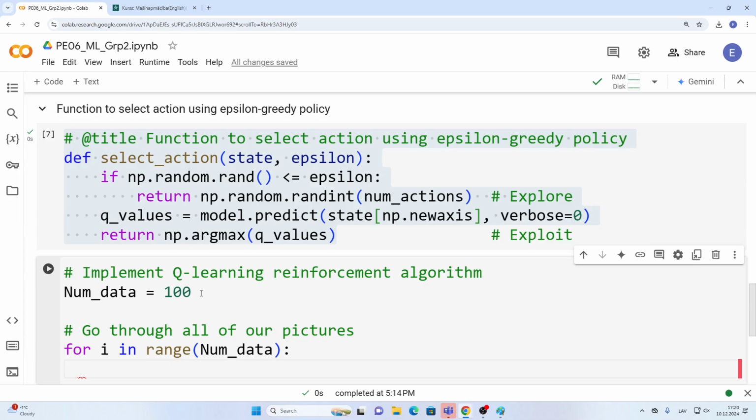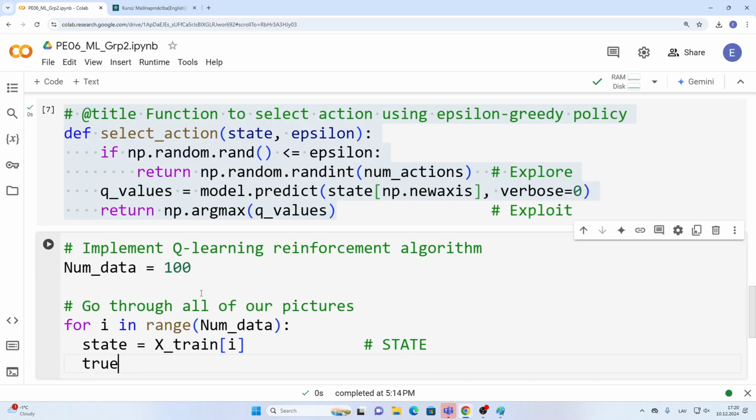We are going to say that our state is X train picture. So this is the state of your reinforcement learning, the picture itself. Well, actually, now it's not exactly a picture anymore, but the extracted components after the principal component analysis, the compressed picture, if you want.